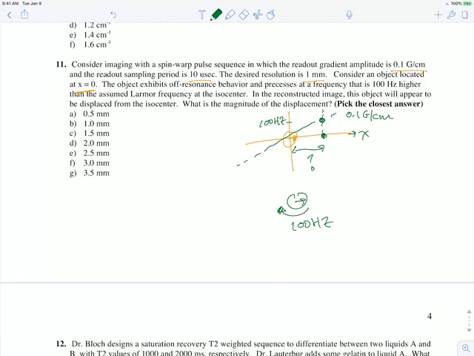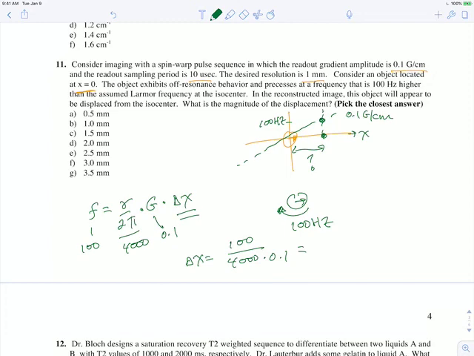Therefore, we know that the frequency of precession is f equals gamma over 2 pi times the gradient times where we are in space, at x. And we're just solving for this delta x. Because this is equal to 100, this is equal to 4,000, and we're given this is 0.1, the delta x in this case is just 100 over 4,000 over 0.1.